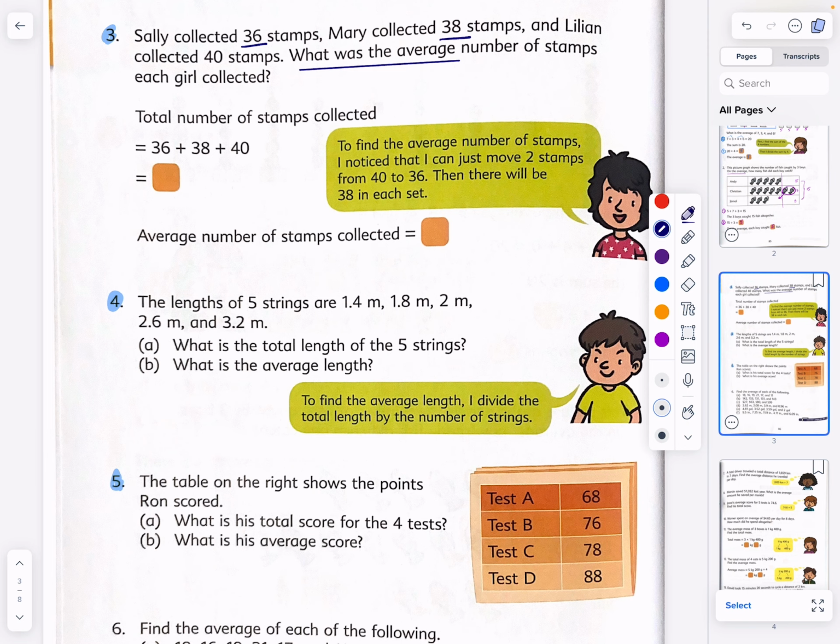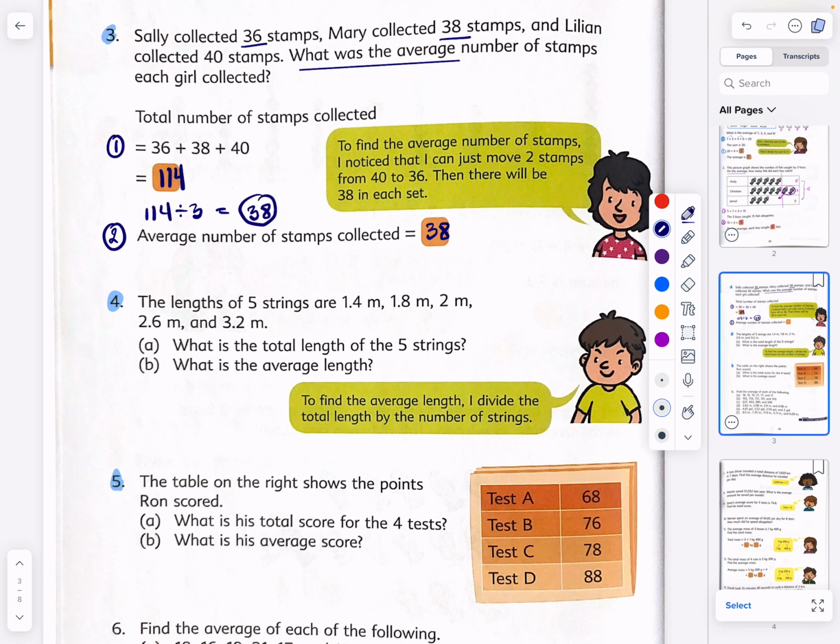Step 1. Add up all of these stamps. 36 plus 38 plus 40. Altogether, the girls collected 114 stamps. And step 2, 114 split equally among 3 girls would give us 38 stamps per person.